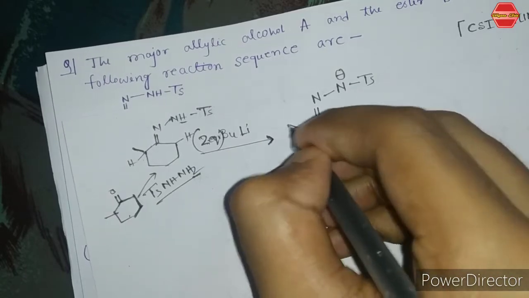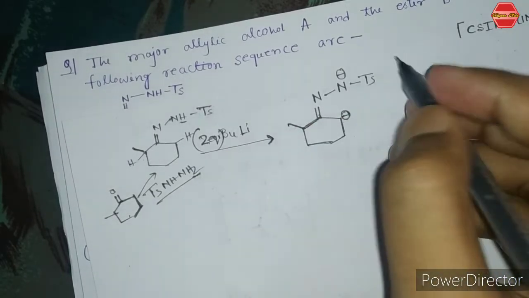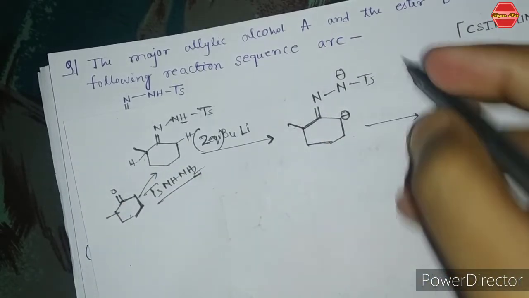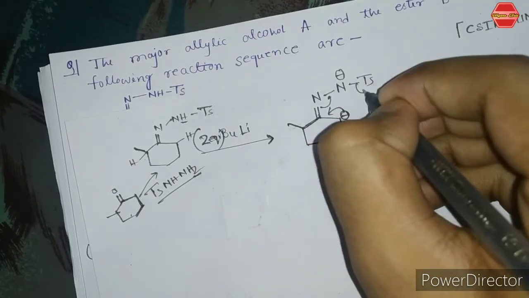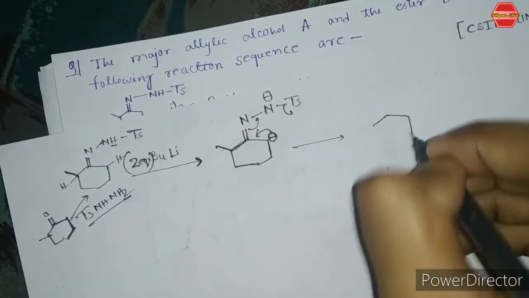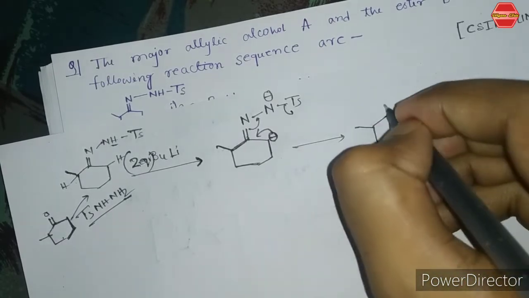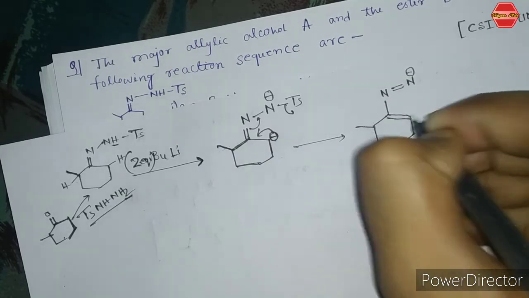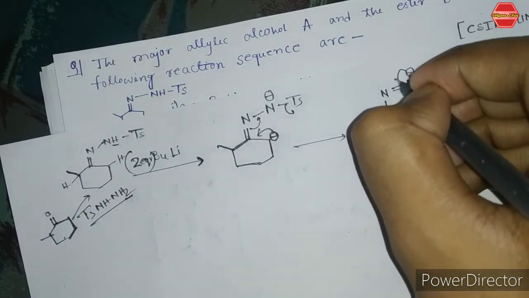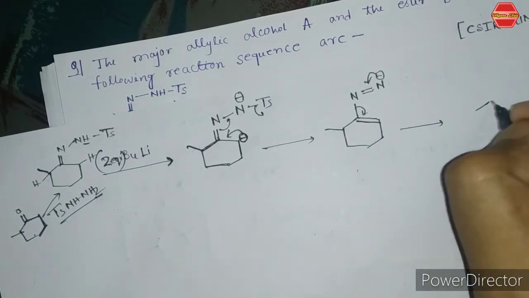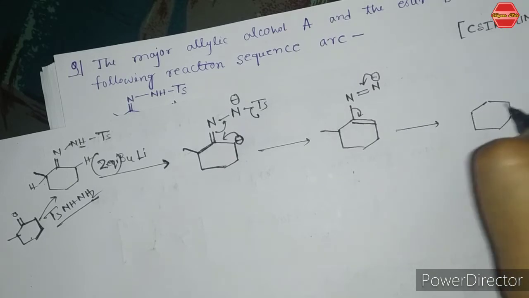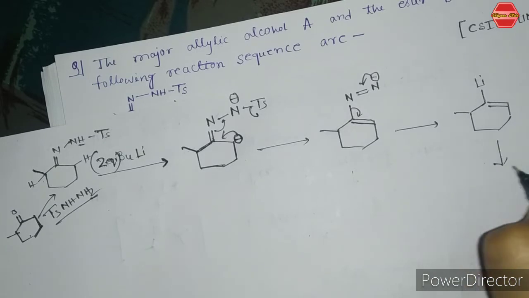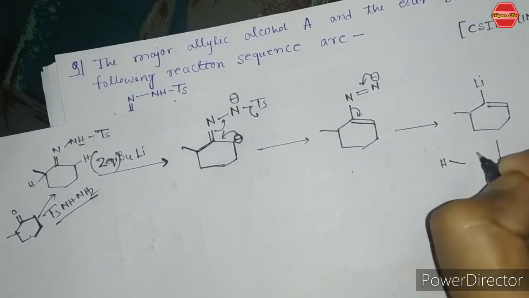So this hydrogen is abstracted from this side, not this hydrogen. 2 equivalents of butyl lithium are used here, and the nitrogen leaves, and there is a minus charge, a new bond forms, and the lithium ion is coordinated with this side. After that you have given formaldehyde.